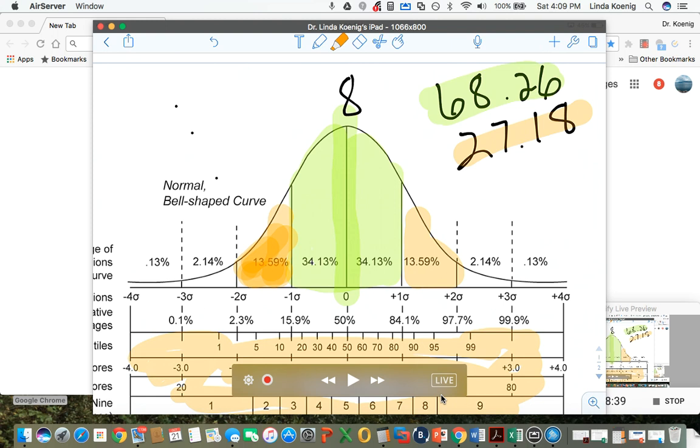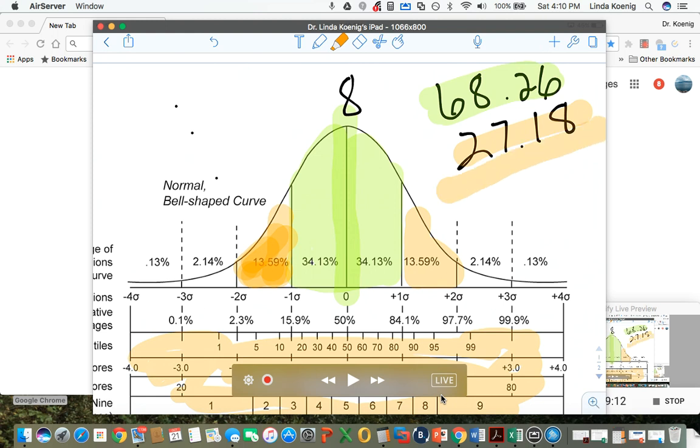So the green represents 68.26% of our sample, and we can generalize that to the population if our curve is more or less normal. We know also that if we include the area in orange to the right, that adds 13.59%. If we include the area in orange to the left, that's another 13.59%. Together, 27.18.